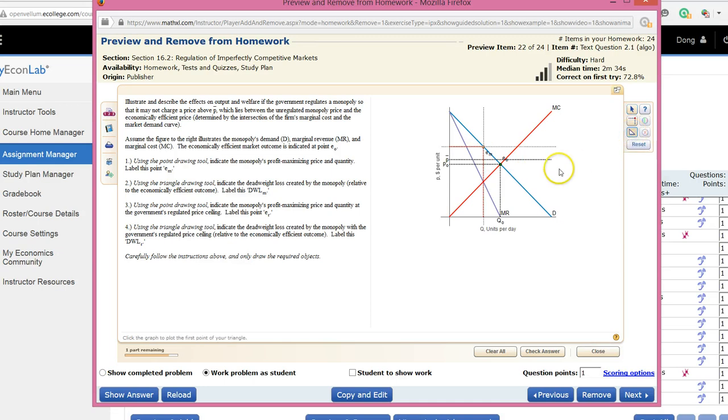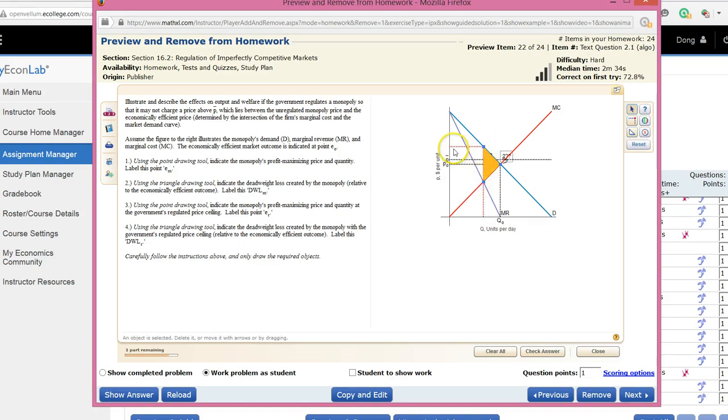The area which indicates the deadweight loss is this triangle, which starts from the equilibrium point. The second point is the economically efficient point E0, and the final point is on the marginal cost curve.